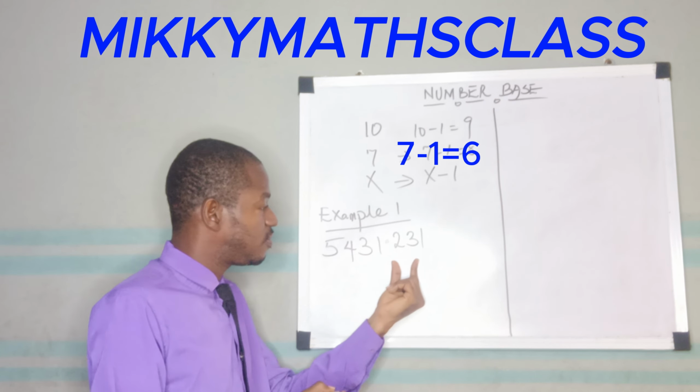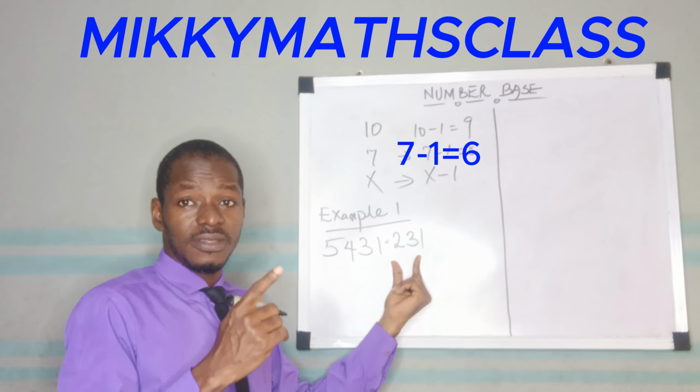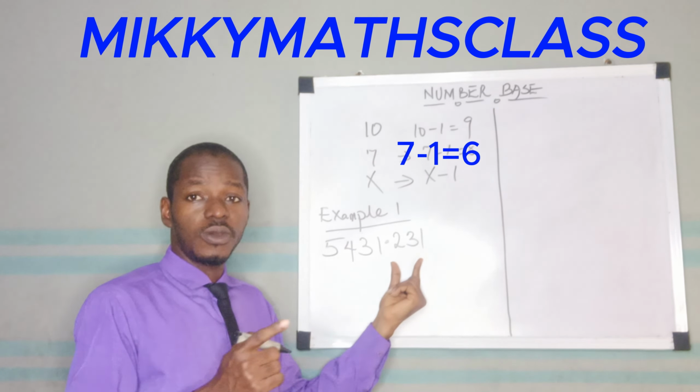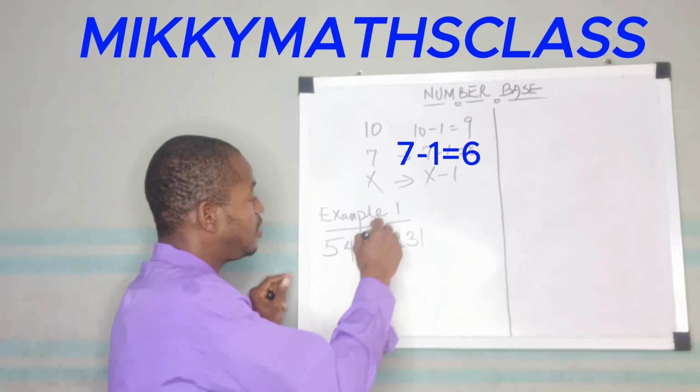After the decimal point, the first digit is what we call a tenth. The next one is called hundredth. And the third one is called the thousandth.